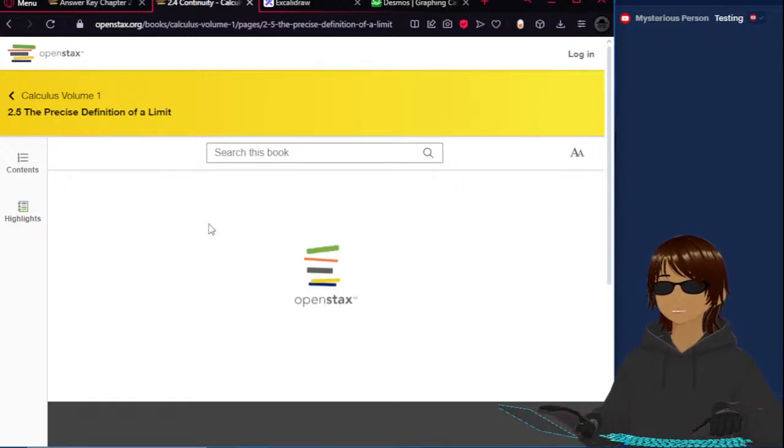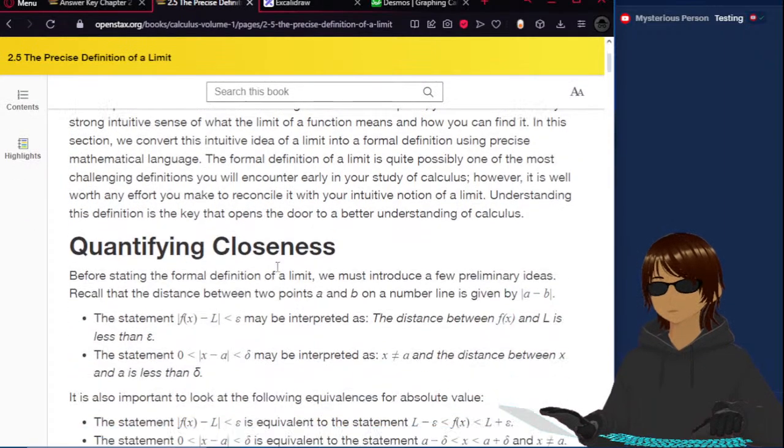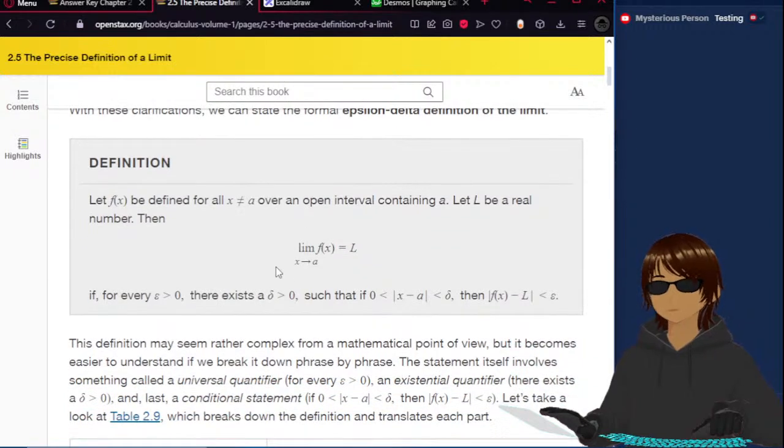The precise definition of a limit. Let f of x be defined for all x not equal to a, or an open interval containing a. Let L be the real number.